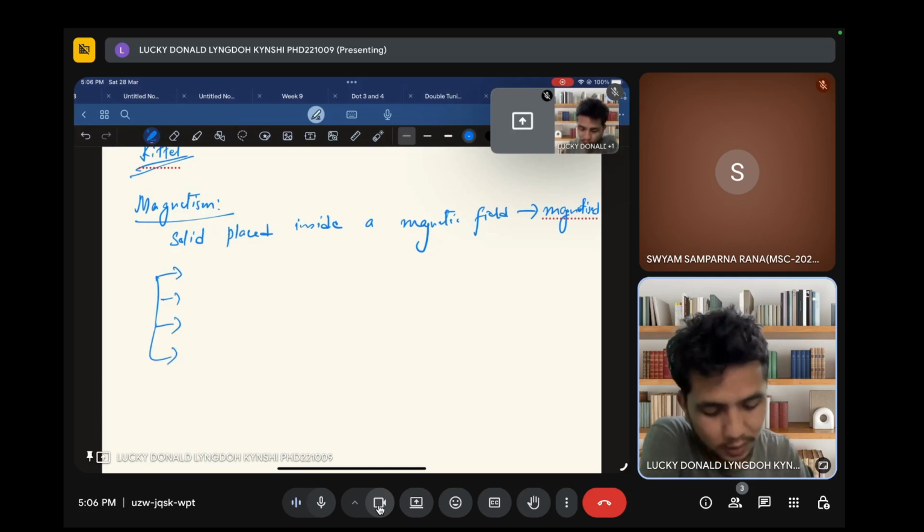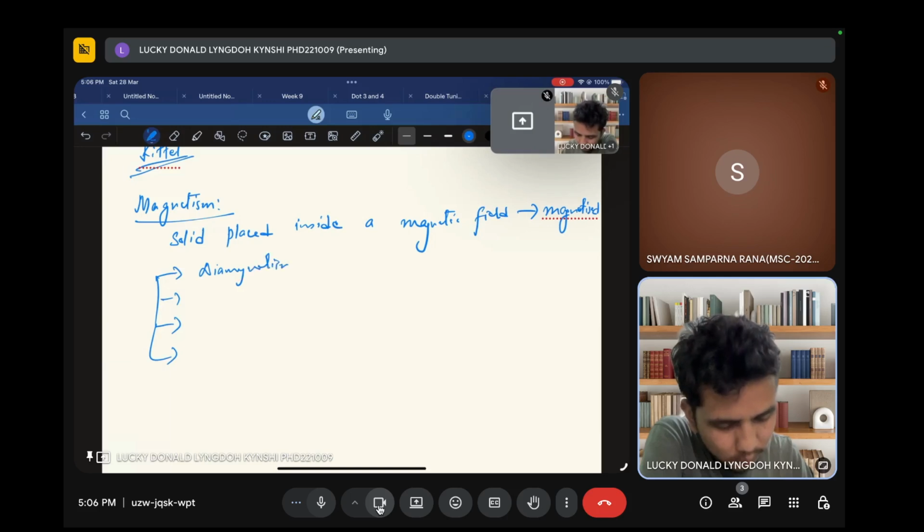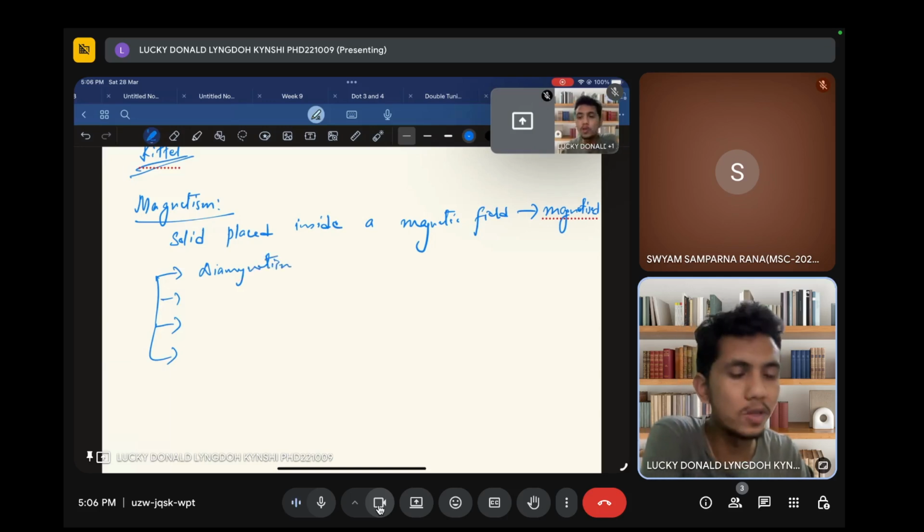The first is diamagnetism. Diamagnetism refers to those materials which do not have a permanent magnetic moment. But if you have an external magnetic field, then the diamagnetic material will get magnetized.